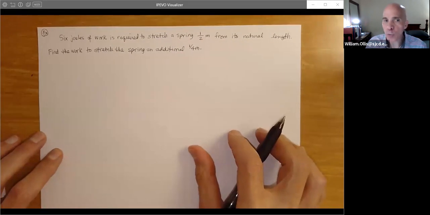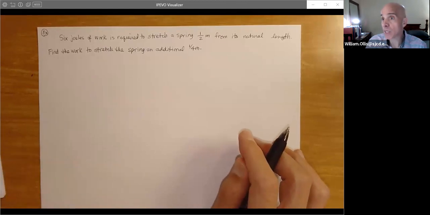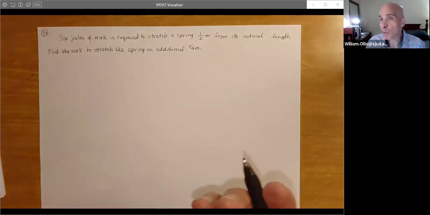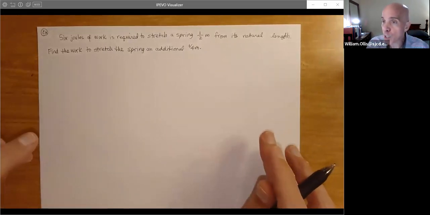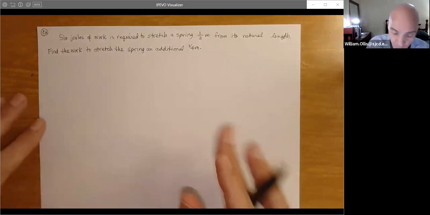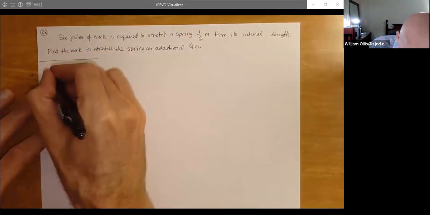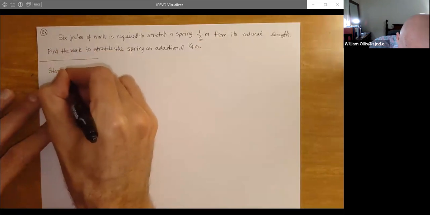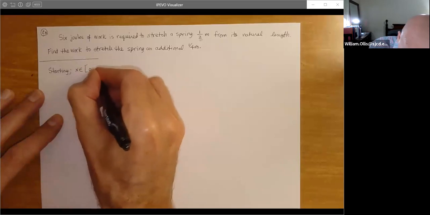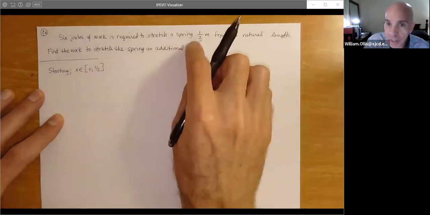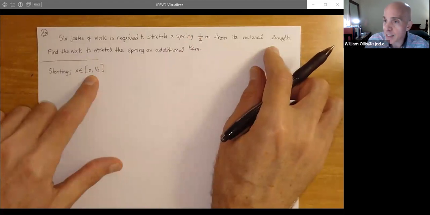So in this case, we're actually given the work. Whereas in the last case, we computed the work, and then we're going to have to compute some more work. So when we look at this particular example, we can still solve for K, but in a different way from the last problem. So in this case, when we're starting, we have X living between 0 and 1/2, required to stretch a spring 1/2 meter from its natural length, to give us the interval of integration.